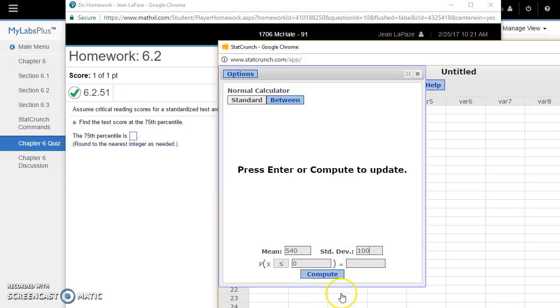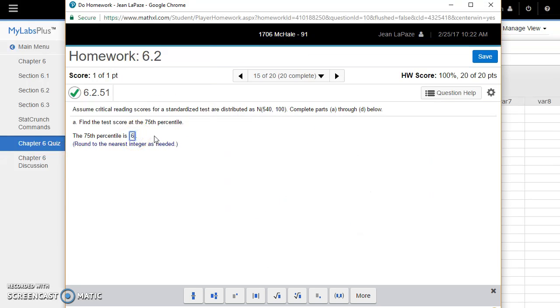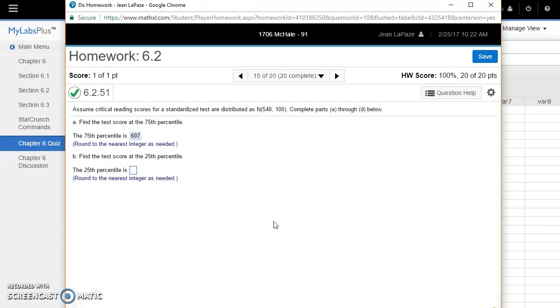They're asking us to find the 75th percentile. So we're not calculating x; we put in 0.75 for the 75th percentile, hit Compute, and it tells us what the value is. In this case, they're asking us to round to the nearest integer, so that would be 607. So we'll type in 607 and press enter, and that is correct.